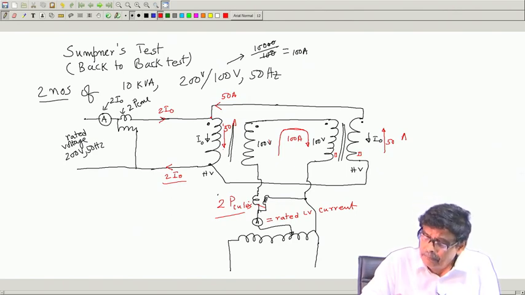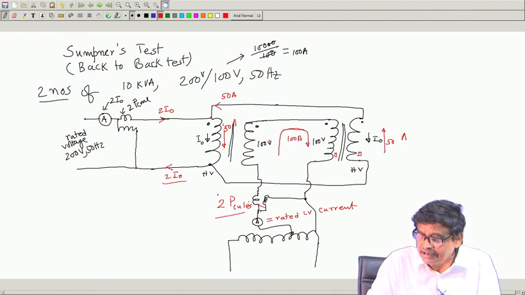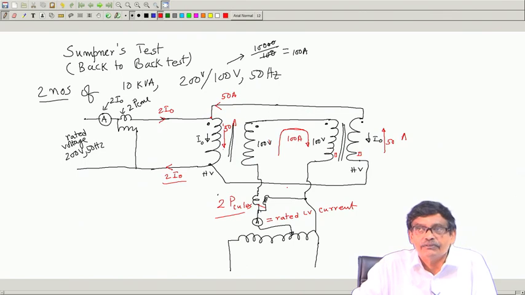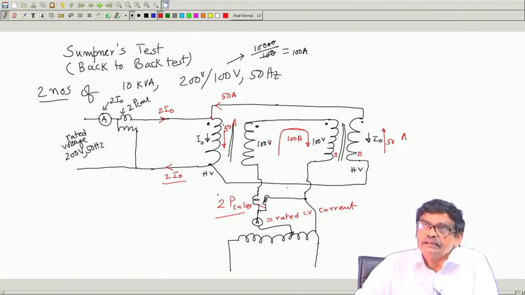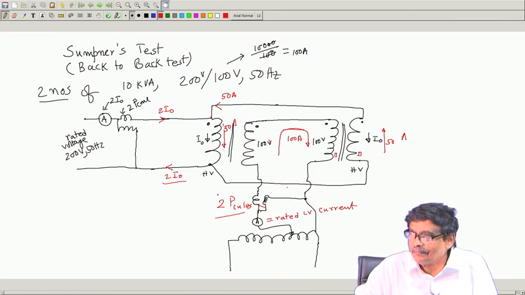Therefore, by estimating these copper losses, I will now be able to estimate the equivalent resistance, I square, this ammeter reading, into R equivalent. From this I will be able to calculate new R equivalent, and from the short circuit test whatever R equivalent I calculated, it will be higher than that.